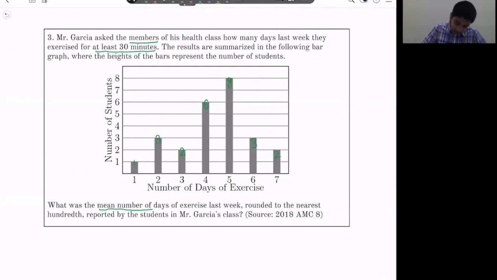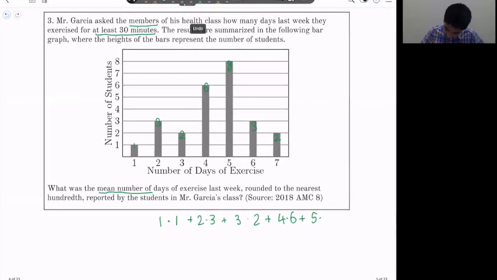So therefore, the mean is just 1 times 1, since there's 1 one, plus 2 times 3 of them, plus 3 times 2 of them, plus 4 times 6 of them, plus 5 times 8 of them, plus 6, and there's 3 people who have 6, plus 7 times 2.